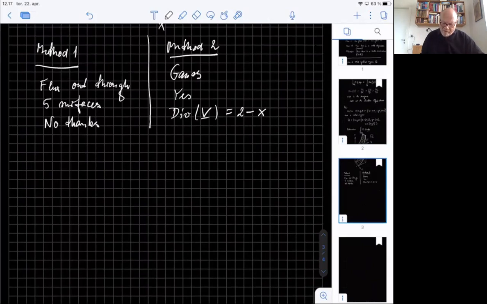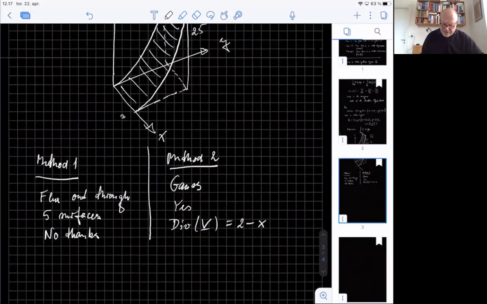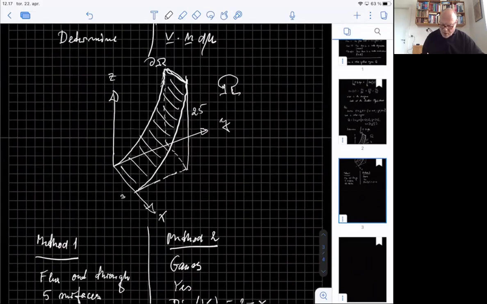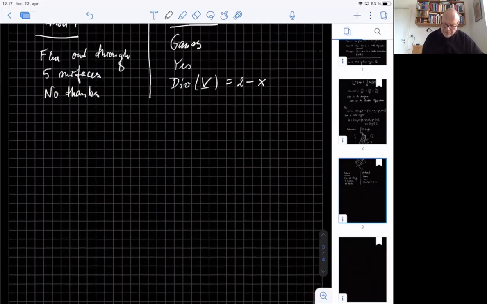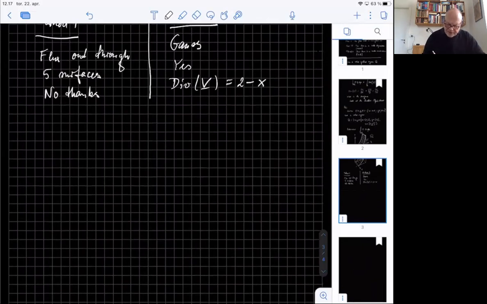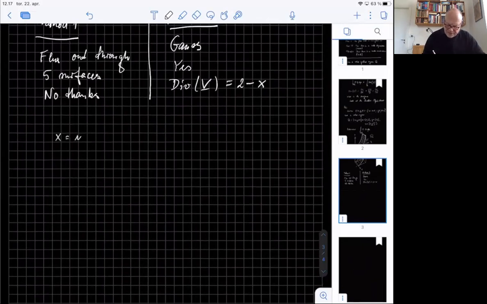Well, you see that the foundation of omega in the xy plane is an axis-parallel rectangle. So I can actually use x and y as parameters. I only need a third parameter in order to describe the whole thing. So I use x equal to u, and y equal to v.